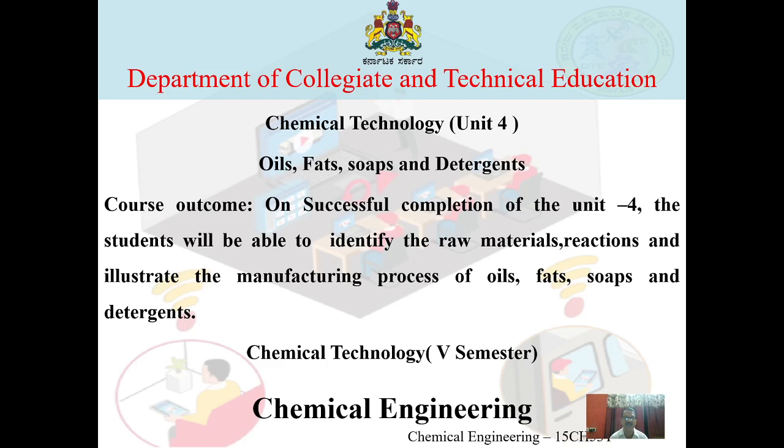And we have seen the methods of extraction of vegetable oils. There are two methods: mechanical expression method and solvent extraction method. We have discussed both of these methods in detail.